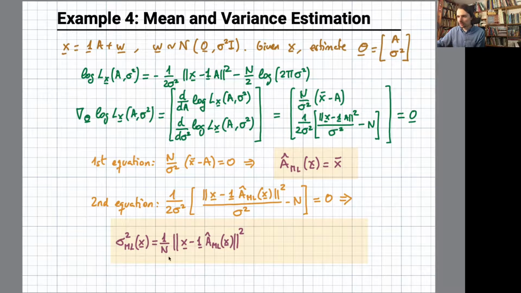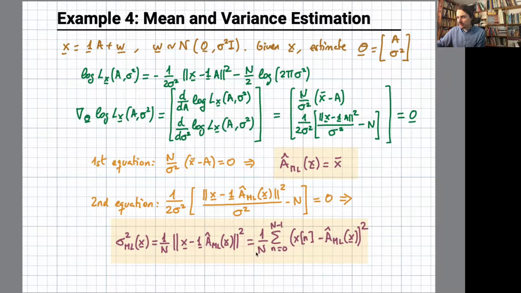Okay, so this is the same as before, remember, but now here we have the maximum likelihood estimator instead of the true A. Remember that in the previous example this was the true A, but now we don't know A, so what we have to do is put the maximum likelihood estimator.